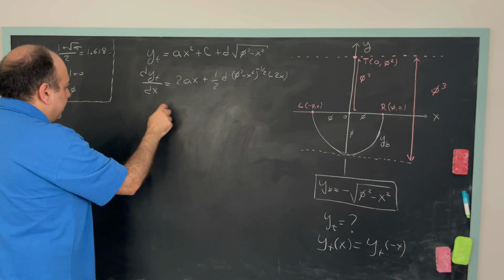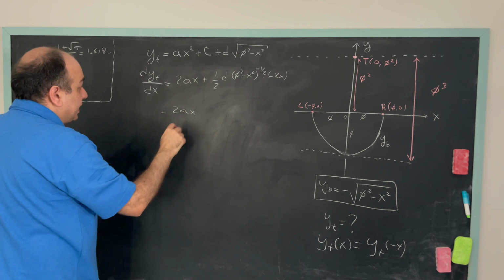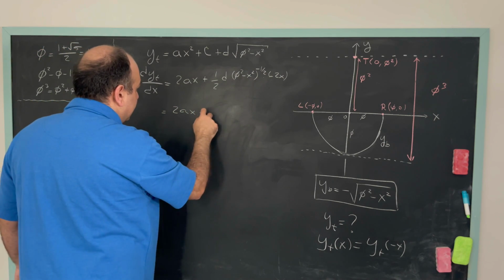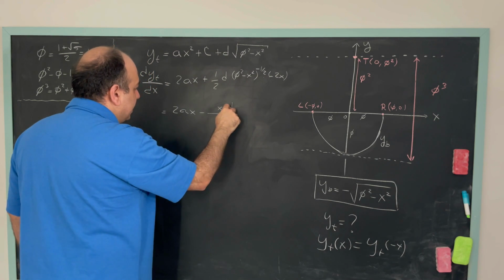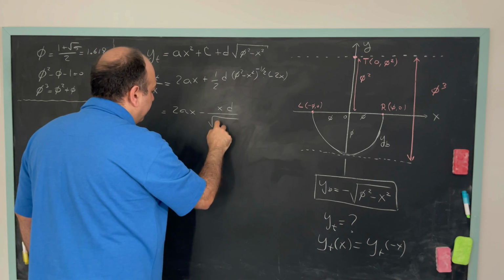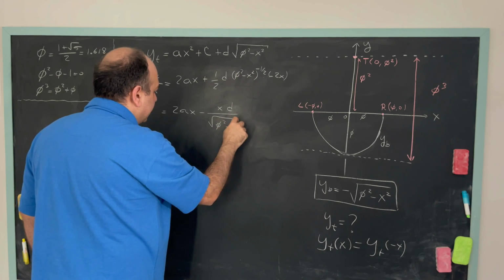If I write it again, this is 2 times a times x, the 2 cancels, minus x d divided by the square root of phi squared minus x squared.